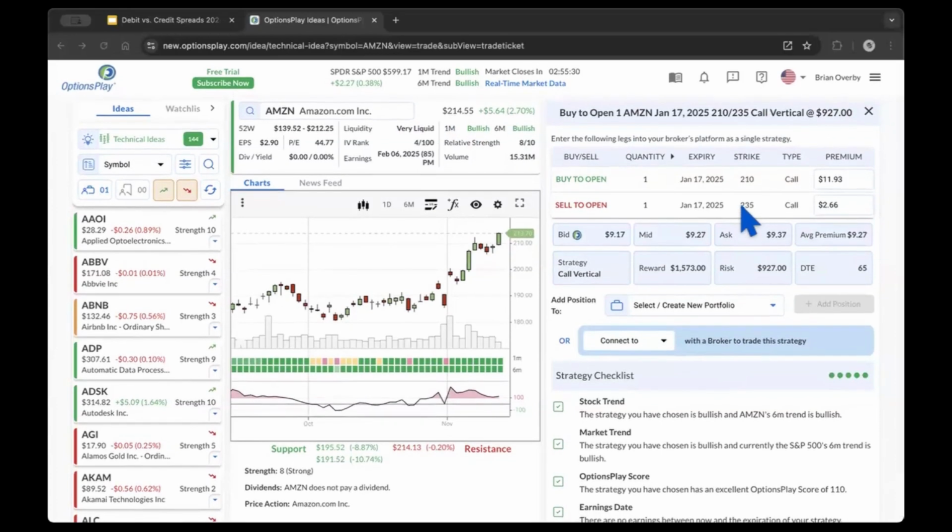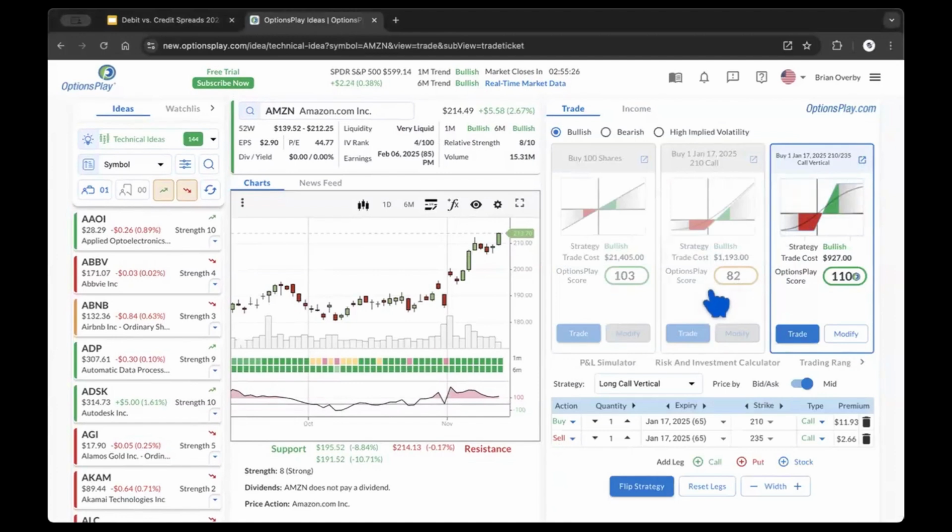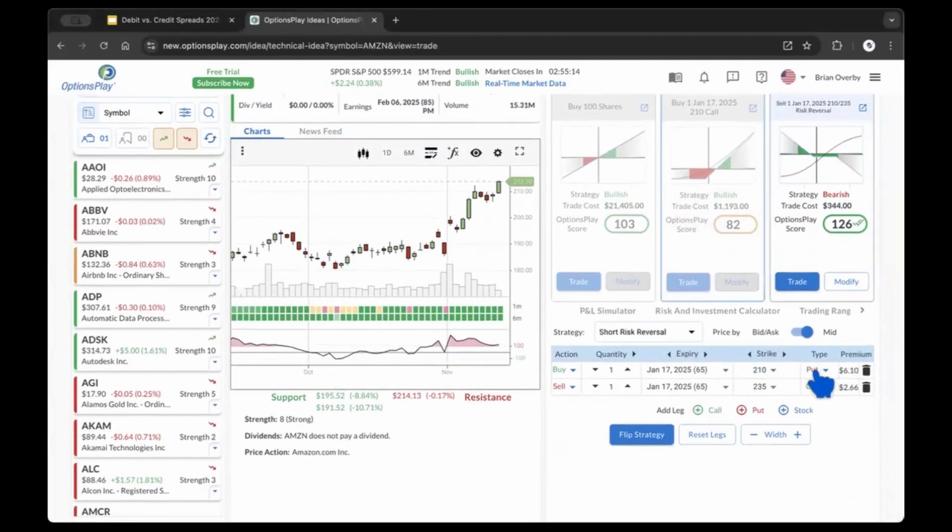I'm just getting a little long-winded, so I was going to not get into the credit spread example of it. But if I want to get bullish on the trade, let's just modify this one. Here's what I would look to do if I wanted to sell in the same time period and bring in a net credit to the account.